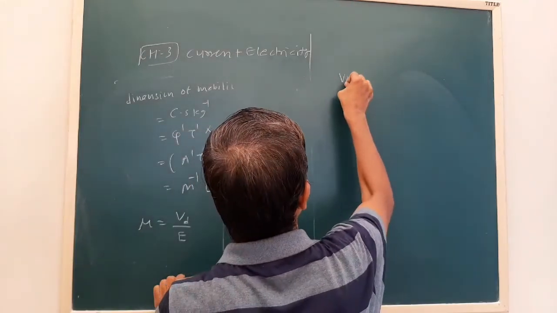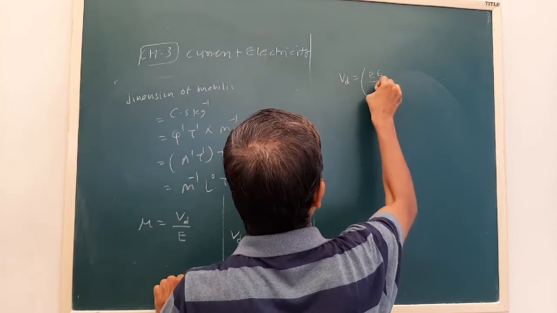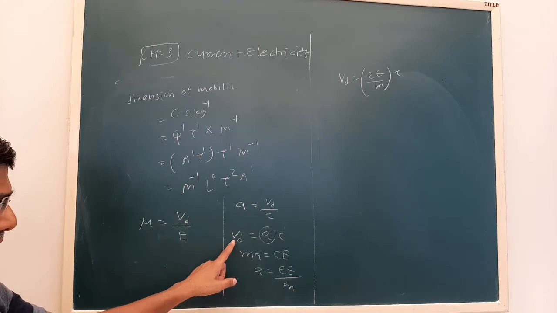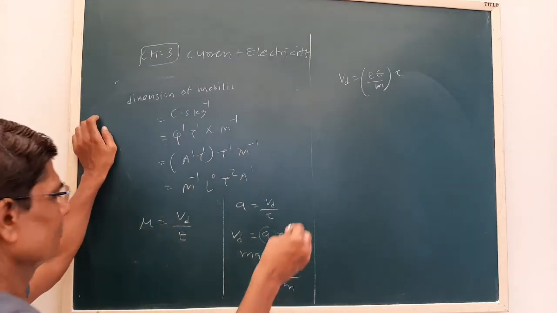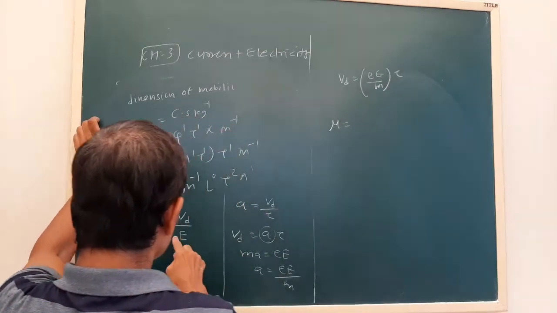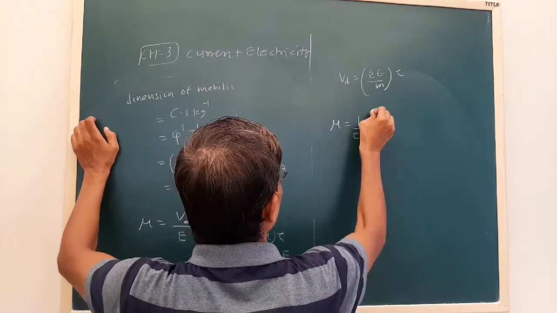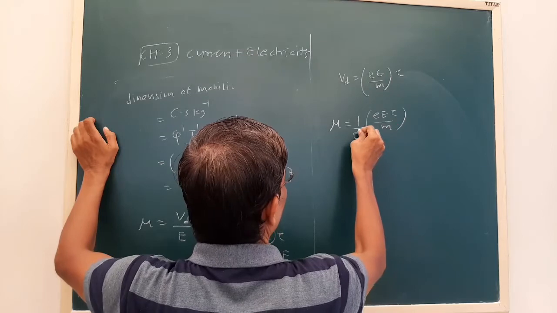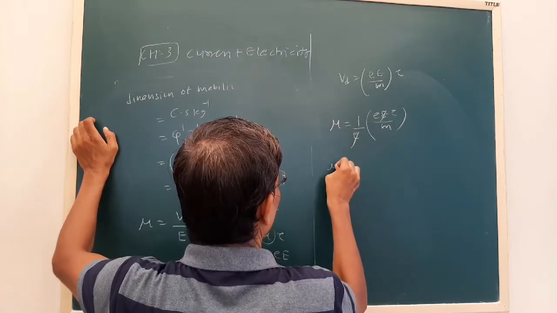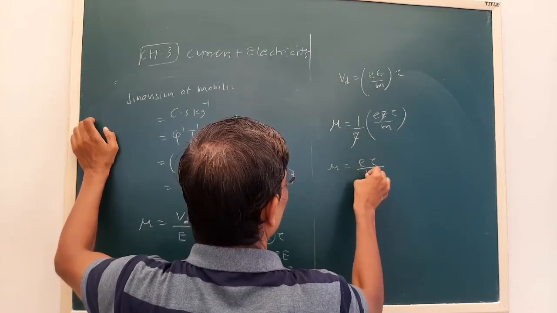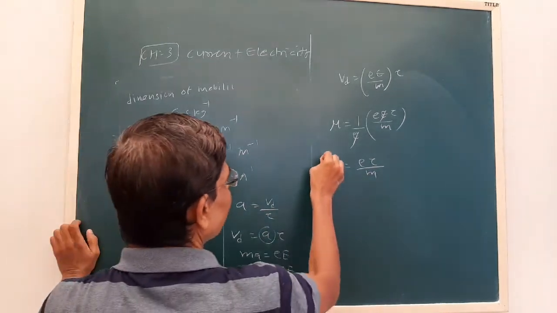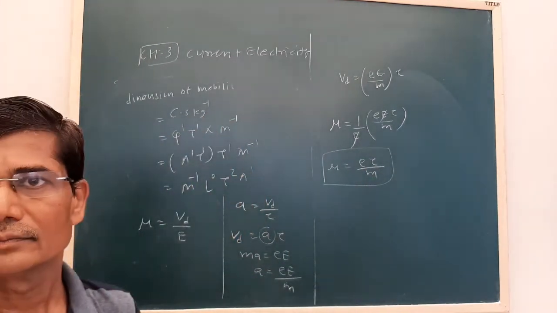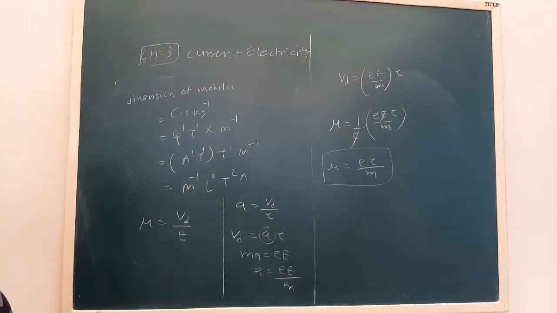So Vd is Ee by m into tau. Now this value, okay, I substitute here. Mu is equal to e tau by m. Okay, so this is how we can know more about the mobility. Okay, so this is about the mobility.